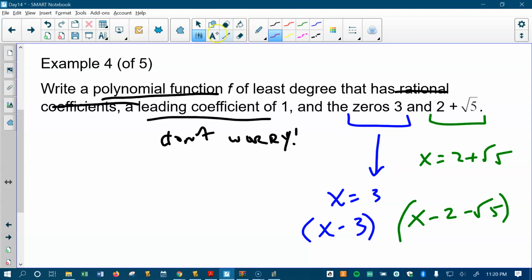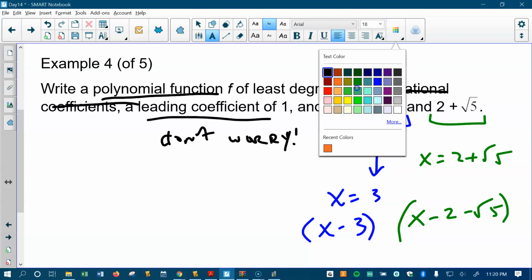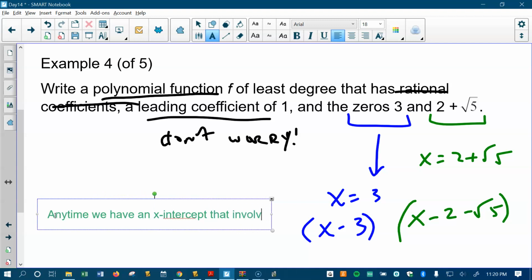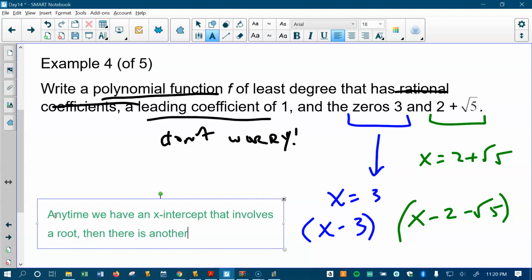Anytime we have a root, an intercept that involves a root, there is another root hidden. That root is called the conjugate.